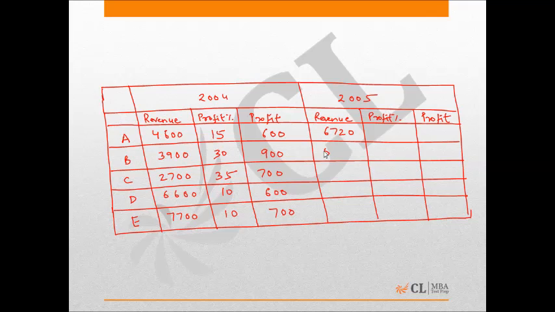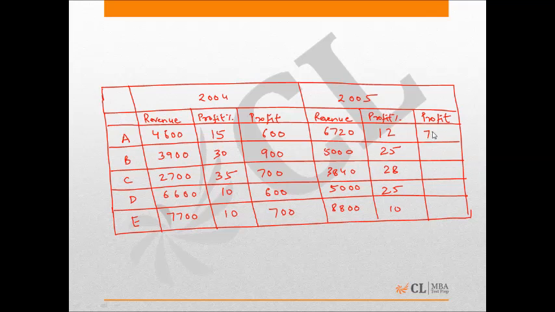Now for 2005 similarly, 6720 for A, 5000 for B, 3840 for C, 5000 for D, 8800 for E. And the profit percentage would be 12, 25, 28, 25, 10.